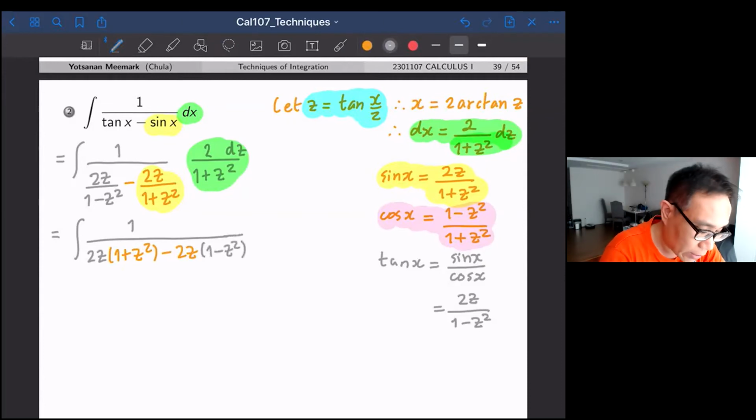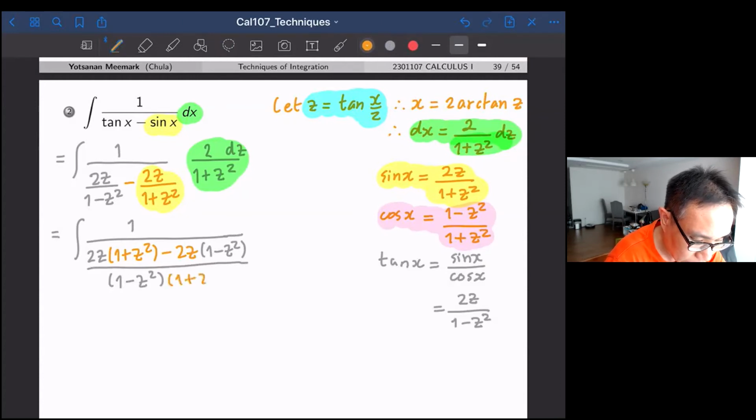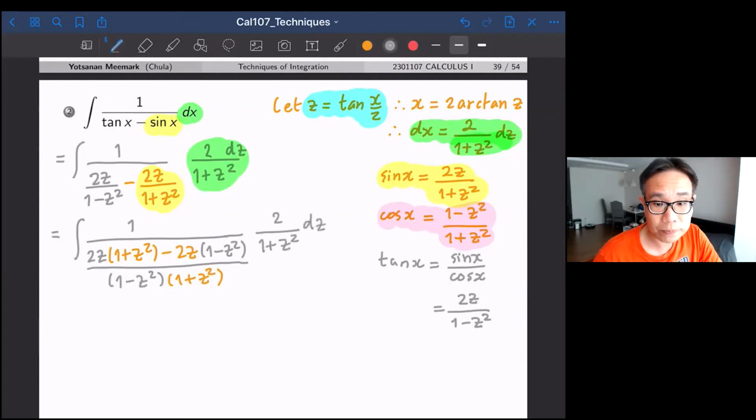Okay, and on the bottom you would have the product, so you get 1 minus z square times 1 plus z square. Okay, and you have the green one copied down, so it's going to be 2 over 1 plus z square dz.